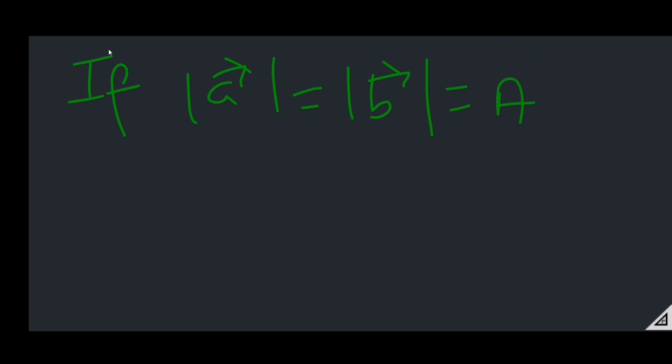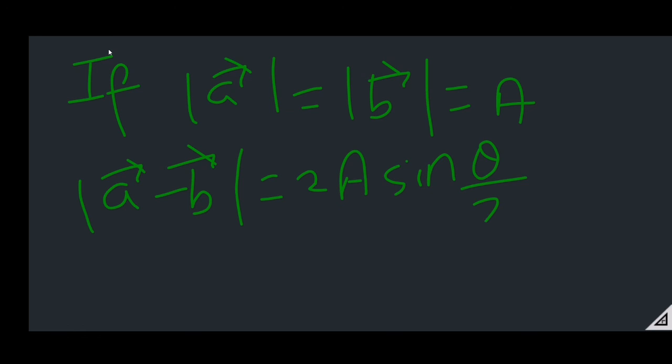In such a case the magnitude of a vector minus b vector is found to be 2a sine theta by 2. It is an important question for your entrance examination.